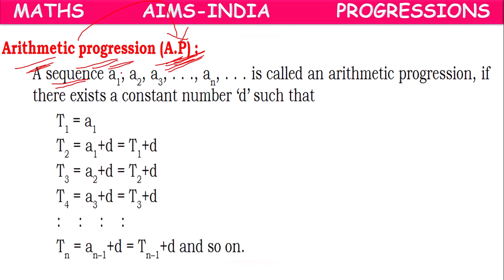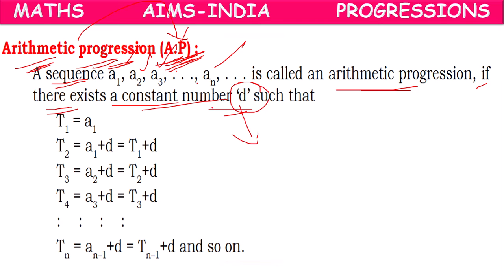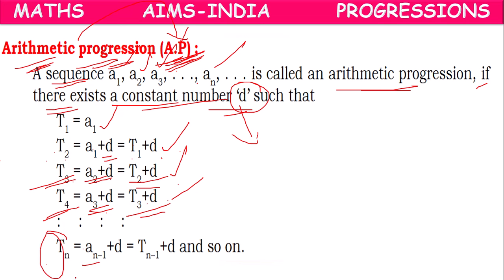Suppose a sequence A1, A2, A3 and so on up to An is called arithmetic progression if there exists a constant number D such that T1 equals A1, T2 equals A1 plus D, which is equal to T1 plus D, T3 equals A2 plus D, which is equal to T2 plus D, T4 equals A3 plus D, which is equal to T3 plus D, and finally Tn equals An minus 1 plus D or Tn minus 1 plus D.